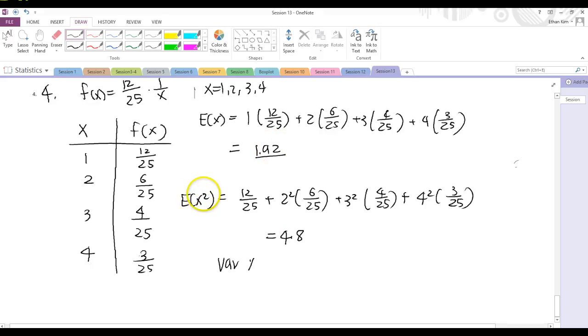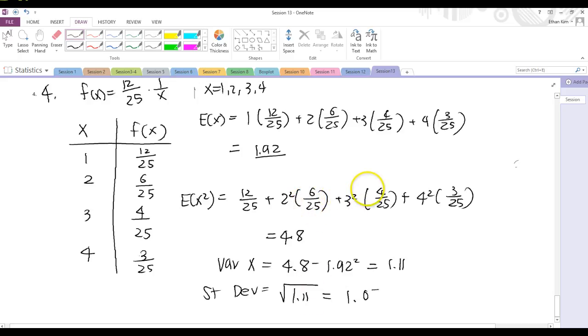And to look for variance of x, you will do 4.8 minus 1.92 squared, and you get 1.11 approximately. And to look for standard deviation, you have to take the square root, right? And you get 1.055. That's your standard deviation and your mean right here.